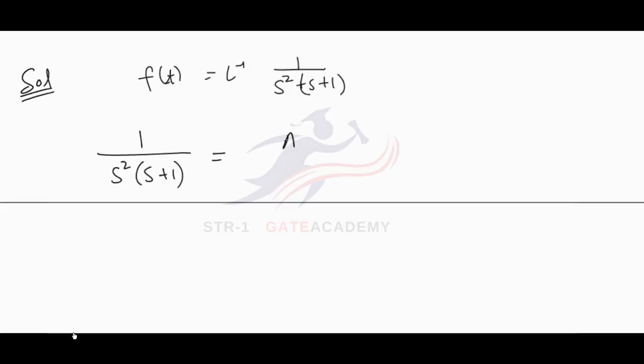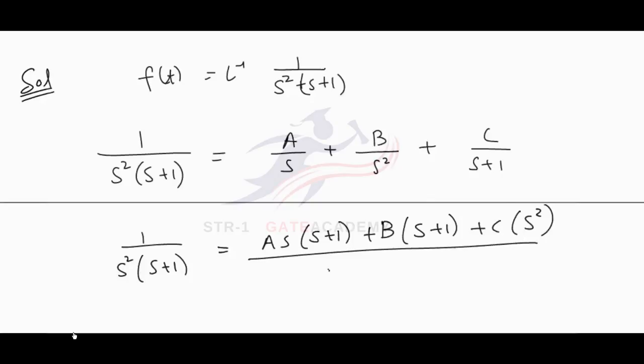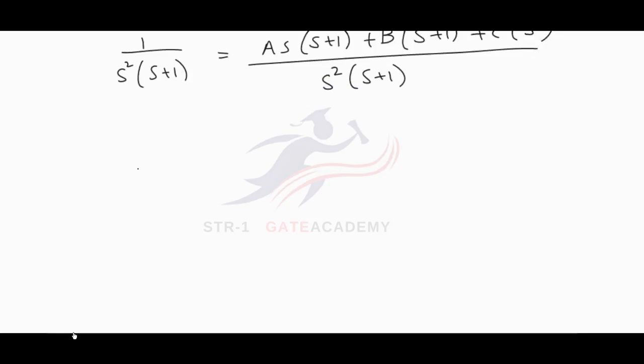It will be a upon s plus b upon s square plus c upon s plus 1. Now when I solve this, 1 upon s square into s plus 1 is equal to as into s plus 1 plus b times s plus 1 plus c times s square, upon s square into s plus 1. So when we match coefficients, you will find that a plus c is equal to 0, a plus b again comes out to be 0, and directly we can see b is equal to 1.